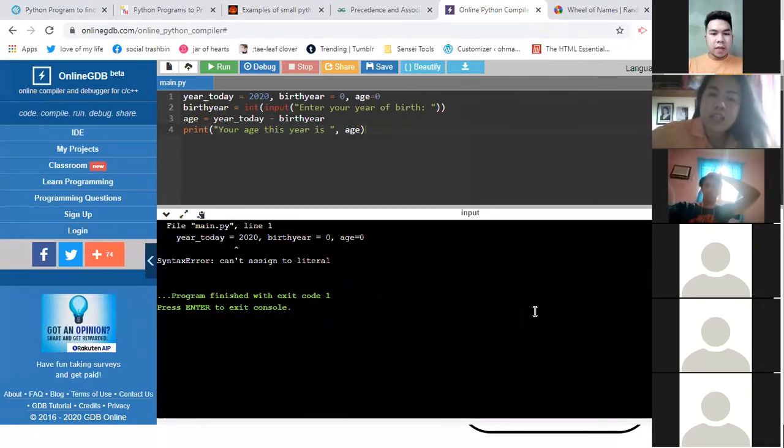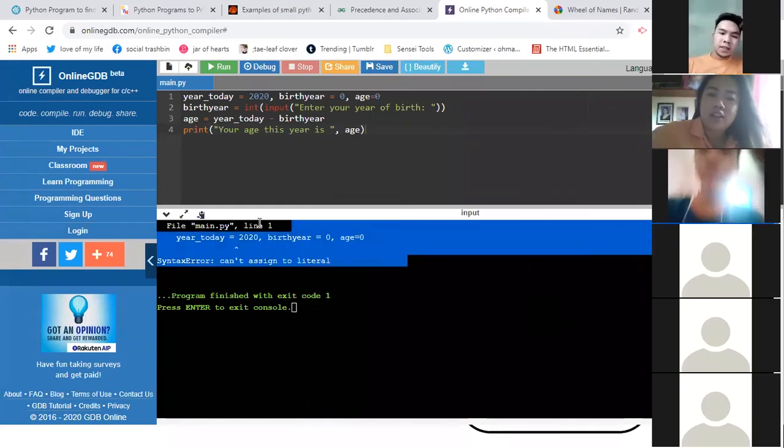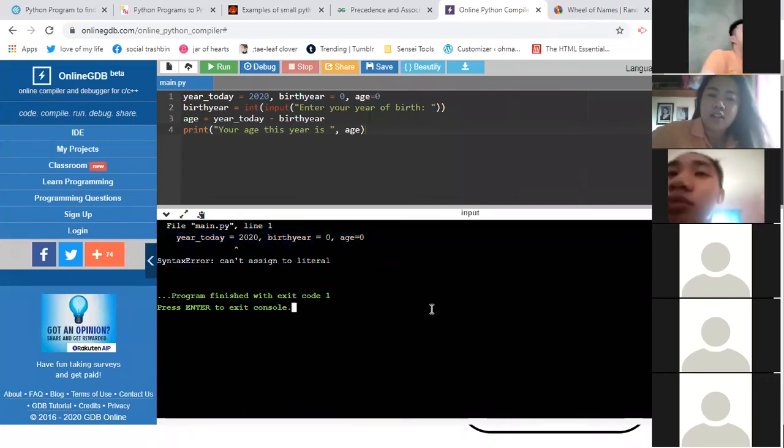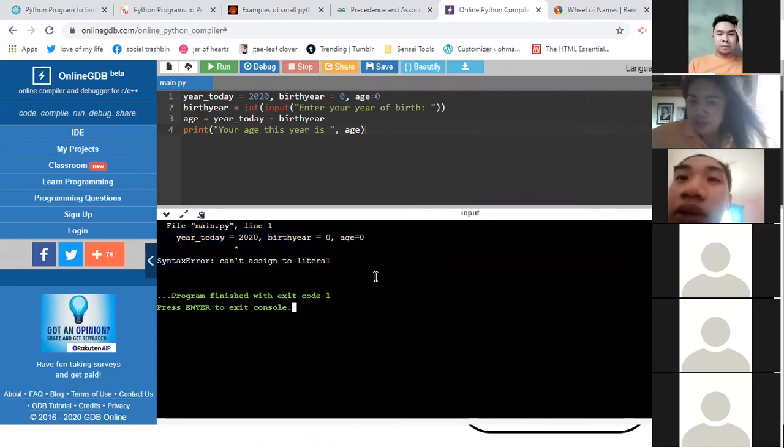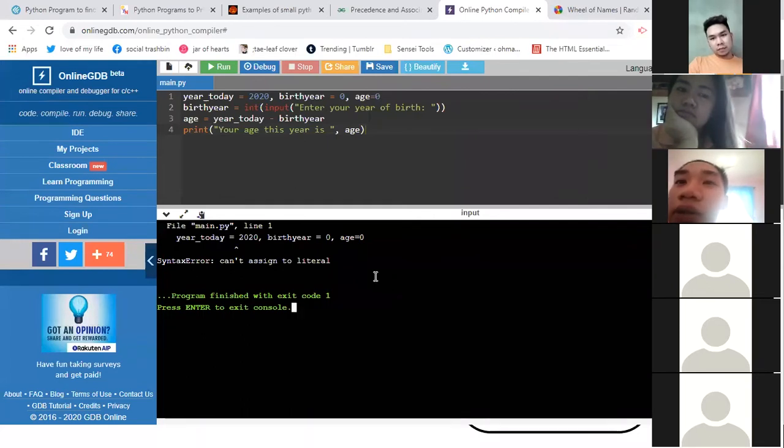The error: File "main.py", line 1, year_today equals 2020, birth year equals 0, age equals 0. Syntax error: can't assign to literal.